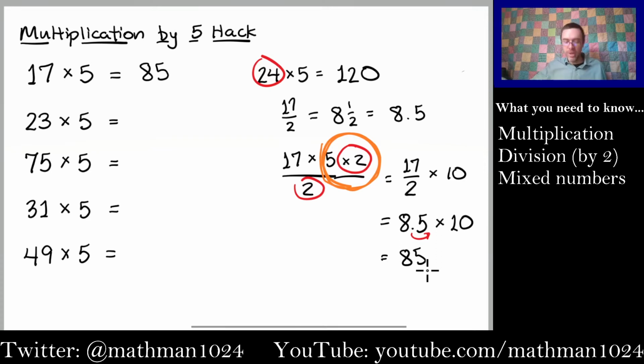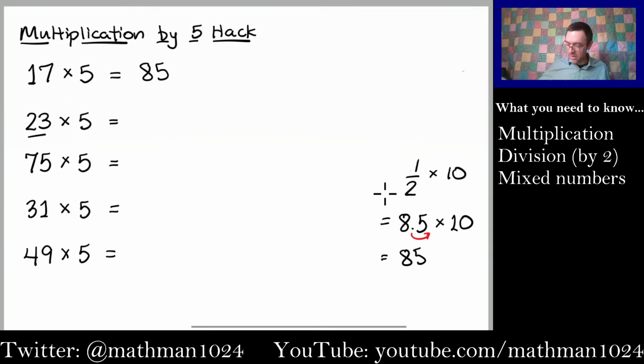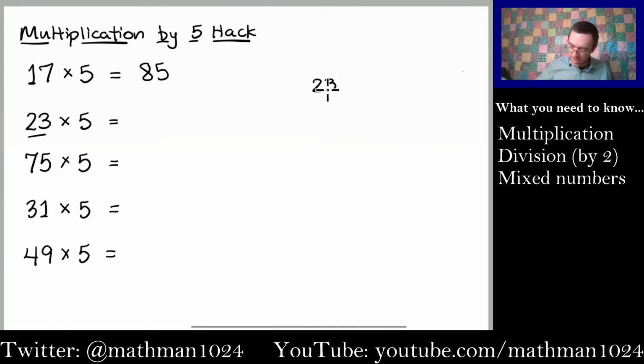So let's look at 23. What's half of 23? If I do 23 over 2, 2 goes into 23 11.5 times.